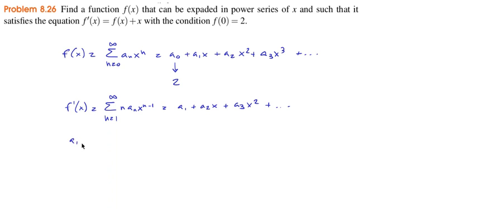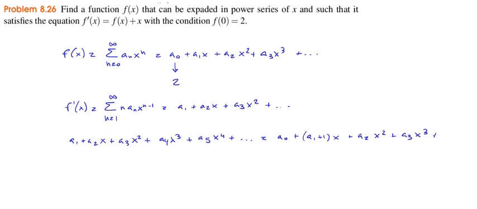So we have a1 plus a2x plus a3x squared plus a4x cubed plus a5x to the fourth, and so on, is equal to a0 plus (a1 plus 1)x plus a2x squared plus a3x cubed, and so forth.